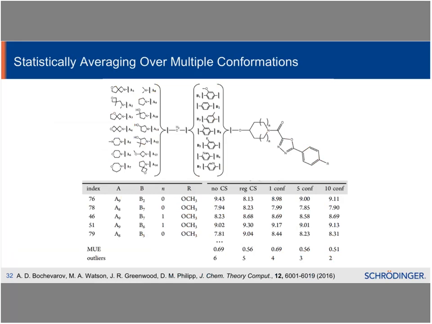You can see that depending on the number of conformations you take and how you do the conformational search, no conformational search, regular conformational search, and then an aggressive conformational search with 1, 5, and 10 conformations, you get progressively fewer outliers and lower mean unsigned errors. So the number of conformations that you take for final quantum calculations matters, but not much.